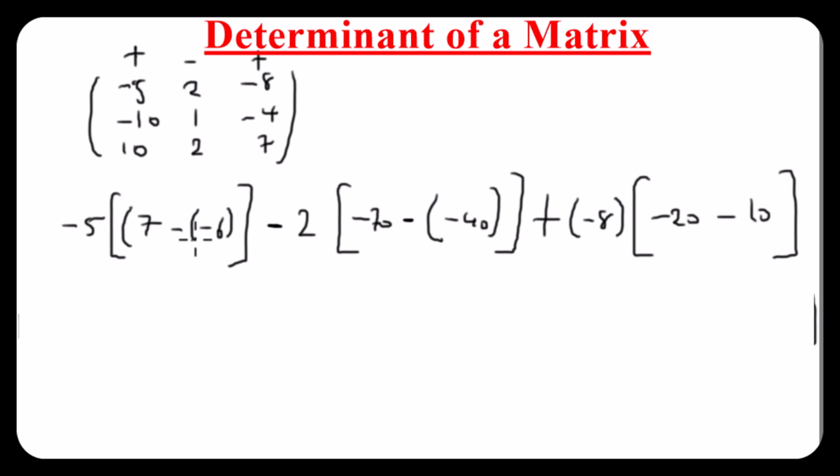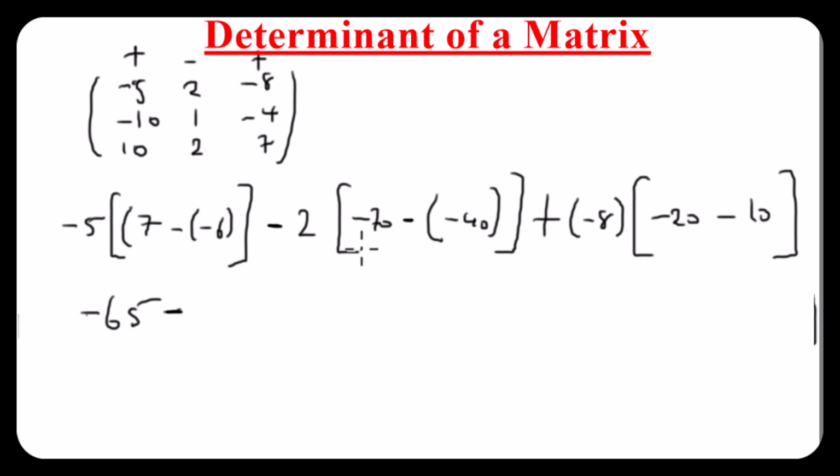So 7 plus 8. So that's 15. And 15 times -5. So that should give us -75. So minus 65. Okay. Minus this, and so this is -30. Isn't it? Okay. Negative, negative, that's positive.